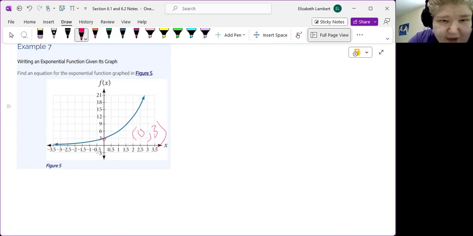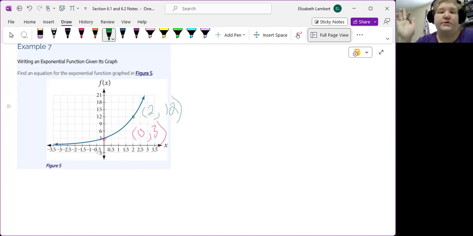Now the 1.5 and 9 looks close, but I would say the 2 and the 12 looks closer, and 2 is a whole number. So we're going to assume it goes through those 2 points, and then we're going to follow the exact same process we did before.